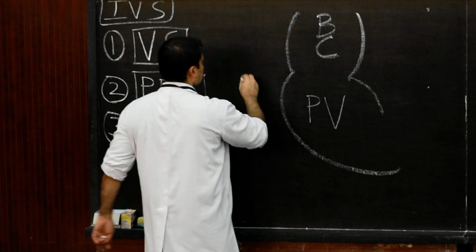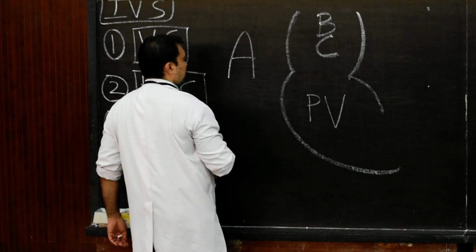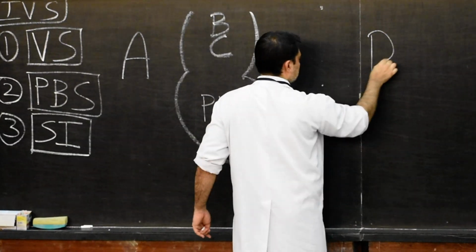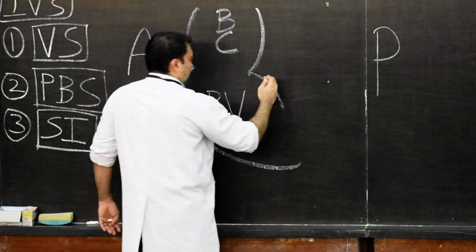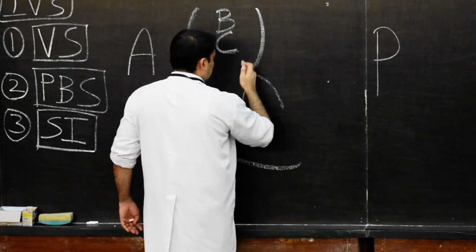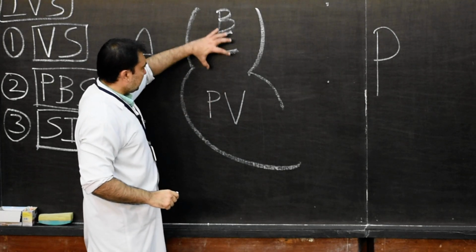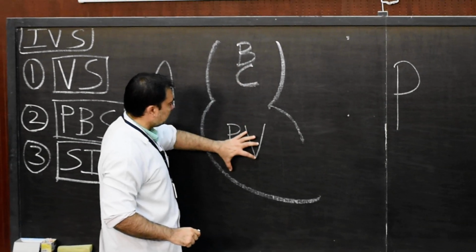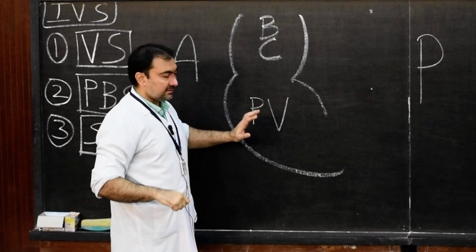This end is anterior or ventral, and this will be posterior or dorsal. Now if you combine these two and name it, it is called bulboventricular cavity. This complete bulboventricular cavity is a cardiac loop which we had discussed earlier.